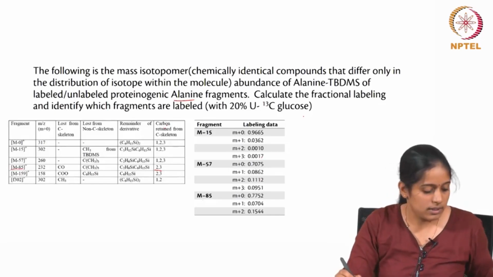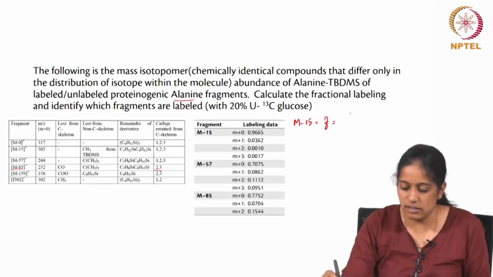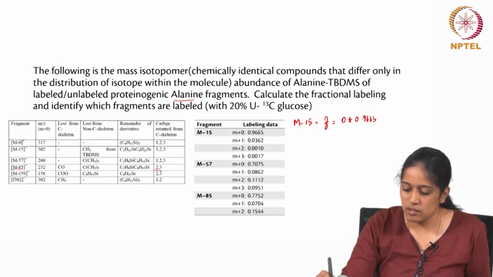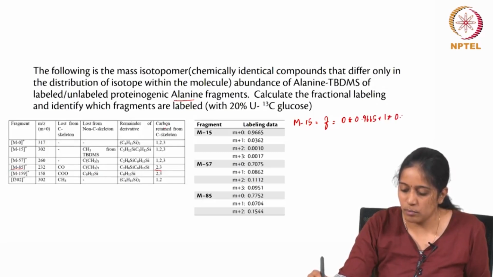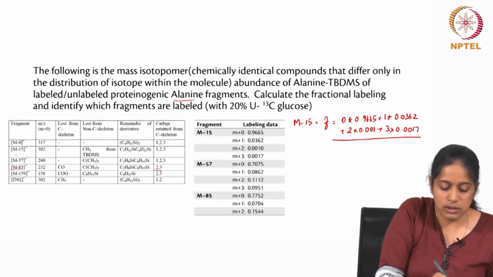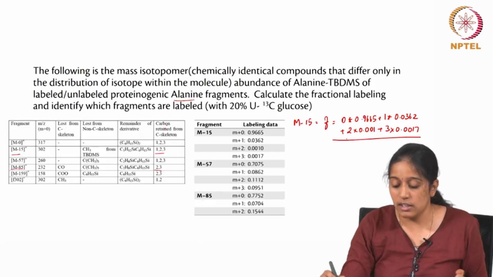So, again you apply the same set of formula. So, for m minus 15 I will again have f is the same as whatever we calculated before. So, 0 into 0.9665 plus 1 into 0.0362 plus 2 into 0.0001, 3 into 0.0017 by the number of carbon atoms in alanine, which is 3, and also the fragment m minus 15 can capture the information about all the 3 carbons in the amino acid.